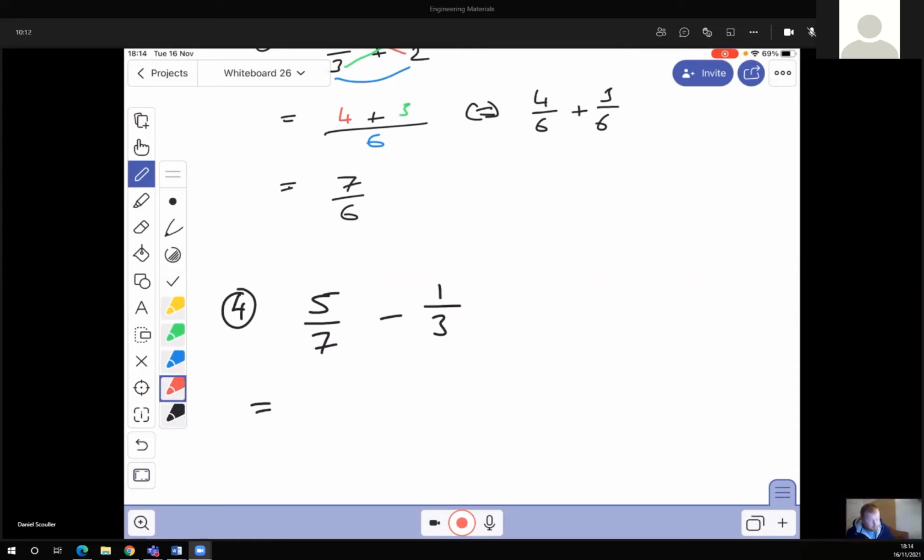We want to multiply the bottom terms to get a denominator down the bottom, in this case 21, so 3 times 7. Want to multiply it across your sign. So 5 times 3 gives 15. 7 times 1 gives 7.